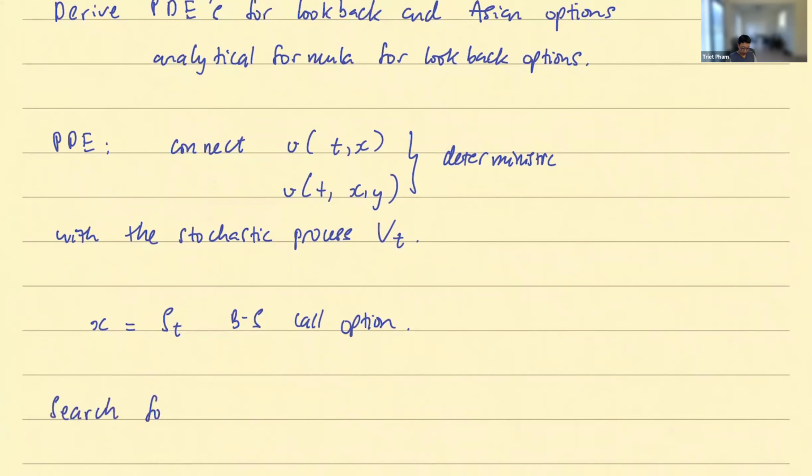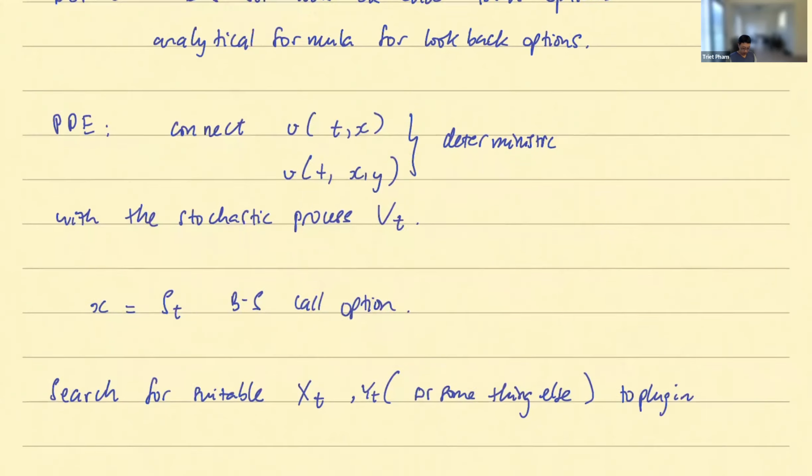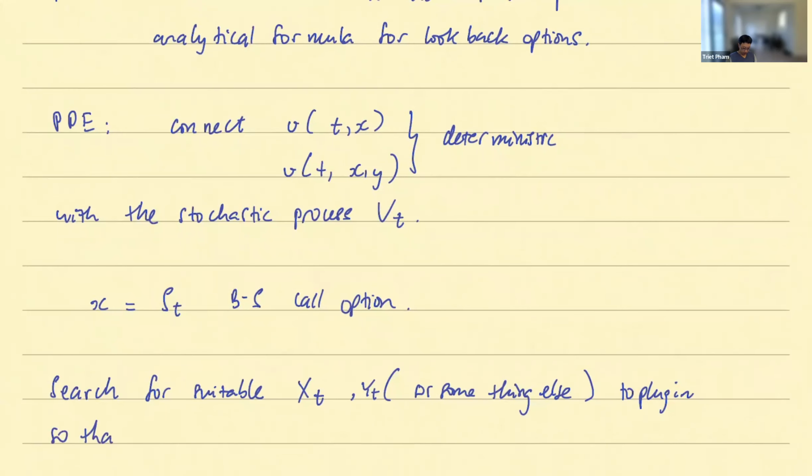That kind of property, the connection, the search for suitable process, let me call it just XT, really is the stock, and YT, etc., and something else maybe, to plug in so that somehow the equality holds for any time, like this.